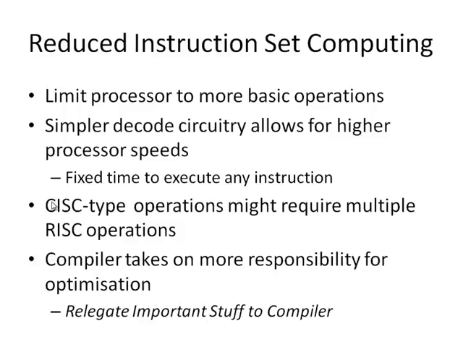And while you might require more than one operation in a RISC chip to do something that can be done in one machine code operation in a CISC chip, the overall processor speed is faster, and by using a compiler that optimizes the program for the processor, you can actually still get a better performance with a RISC chip than with a CISC alternative.